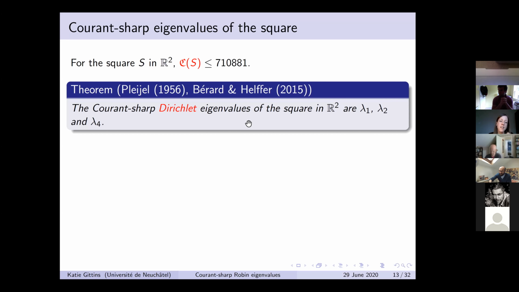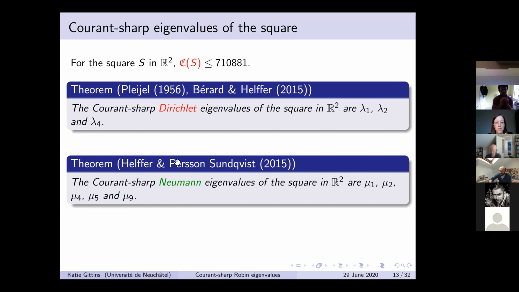And for the square, the situation of Neumann is like this: there are 5 Courant-sharp Neumann eigenvalues, the first and second as usual, and then the 4th, 5th, and 9th. And this was really where our investigation started with Erard and Helffer, because we were looking at these 2 results and we wanted to know what happened to the 4th, 5th, and 9th for the Neumann case.